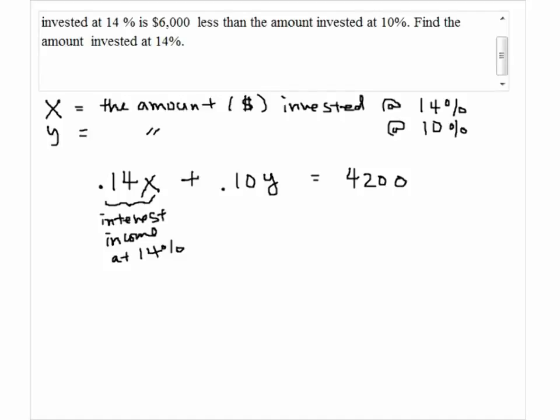The second equation is given by a comparison. The amount invested at 14% is $6,000 less than the amount invested at 10%.